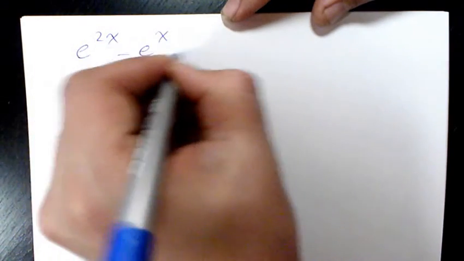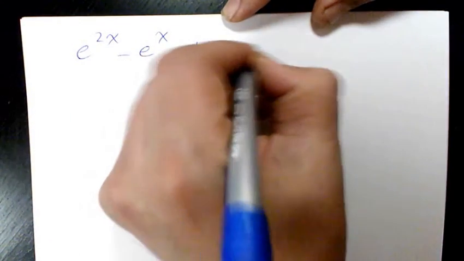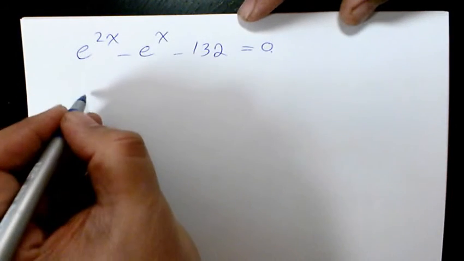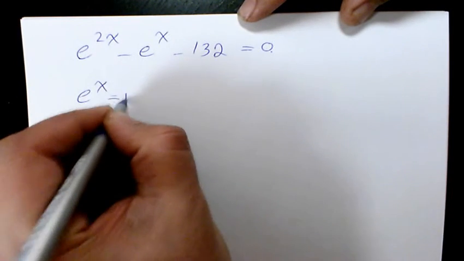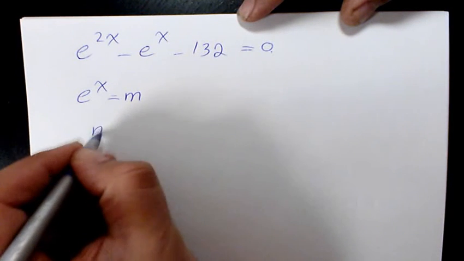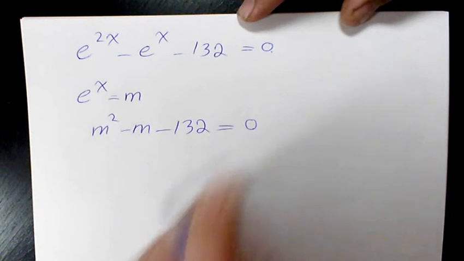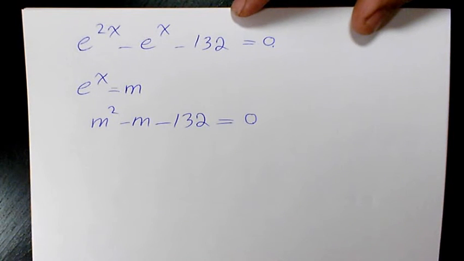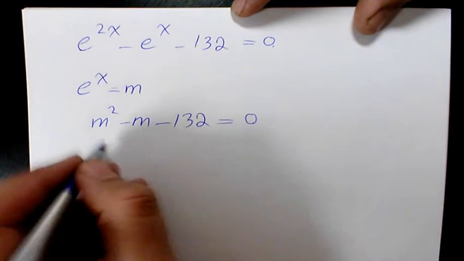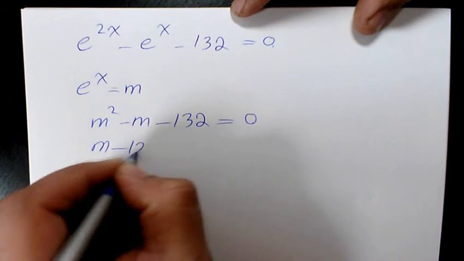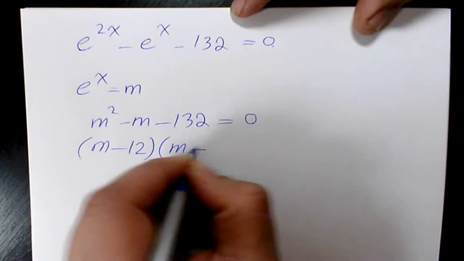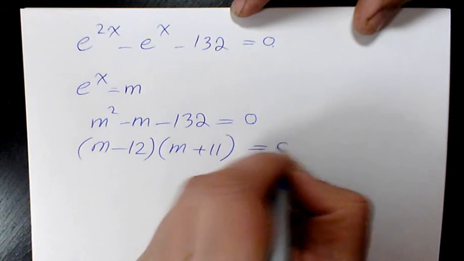Next one is going to be e to the power of 2x minus e to the power of x minus 132 equals 0. I'm going to say e to the power of x, if I consider it as m, so we have m squared minus m minus 132 equals 0. So we have factoring m minus 12 times m plus 11.